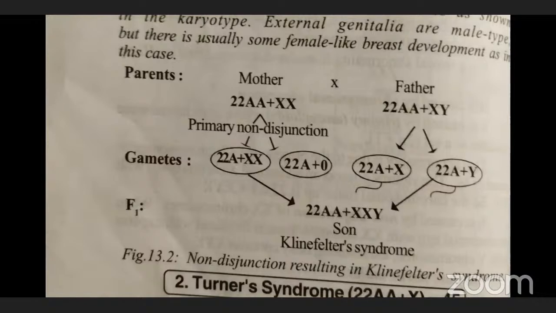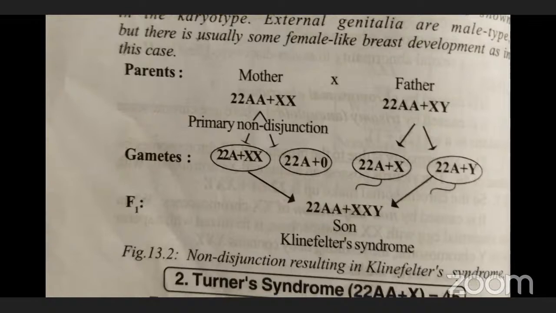In the father, separation occurs normally, giving 22A plus X or 22A plus Y. But in the female, non-disjunction occurs. So finally it forms 22AA plus XXY. So the son has Klinefelter syndrome.